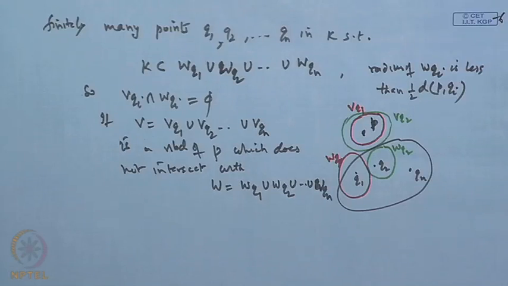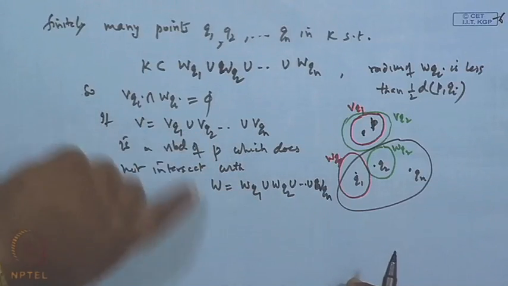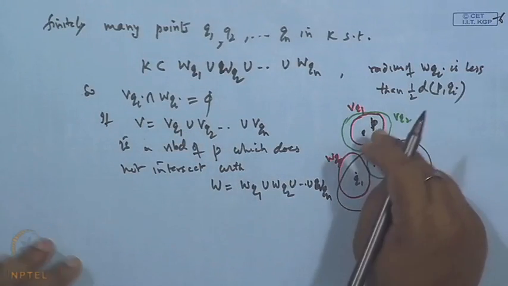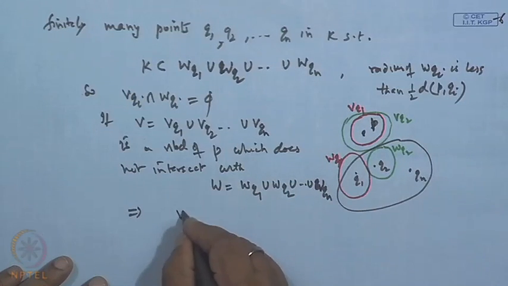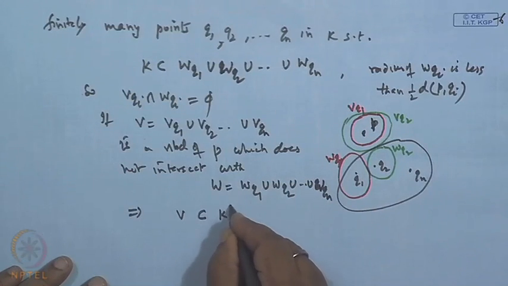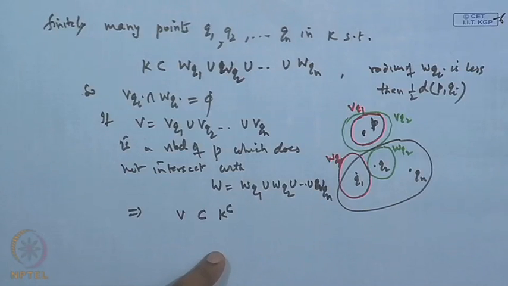This does not intersect with this, because this is the smallest one which is disjoint from everyone. So, we have a neighborhood. This implies that this neighborhood V is totally contained in the complement of K.